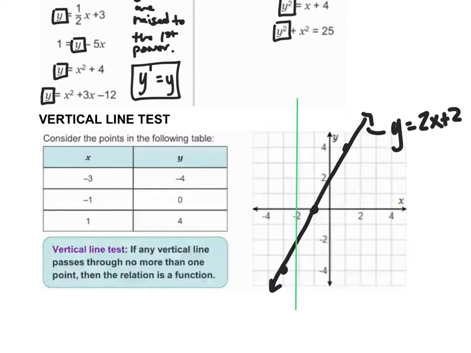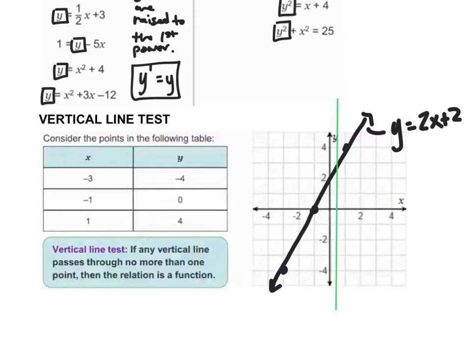If I move it over here, here's my intersection point. It's only intersecting this once. Therefore, if I use my vertical line test, and what I normally do is just use my pencil and move it across the graph and ask myself the question, is this vertical line only hitting the graph once? If that's the case, then you have a function.